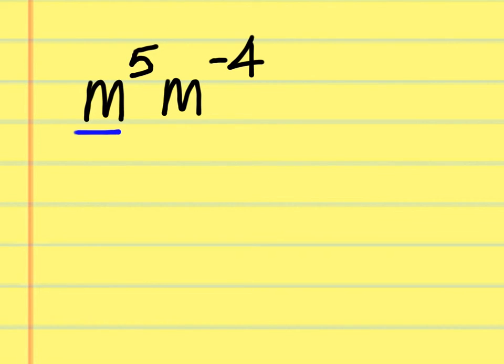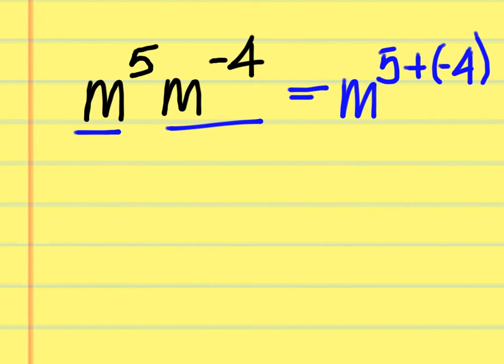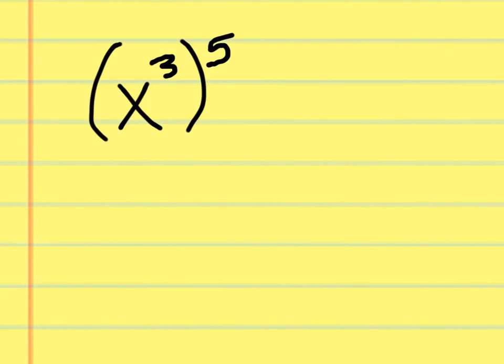M to the 5th times m to the negative 4th is simply m to the 5 plus a negative 4, which is m to the first power, but you do not write the 1. It's just m. The 5th power of x to the 3rd: whenever you have exponents separated by a parenthesis, you're going to multiply those exponents.